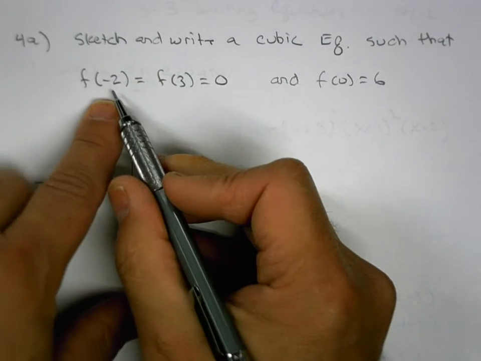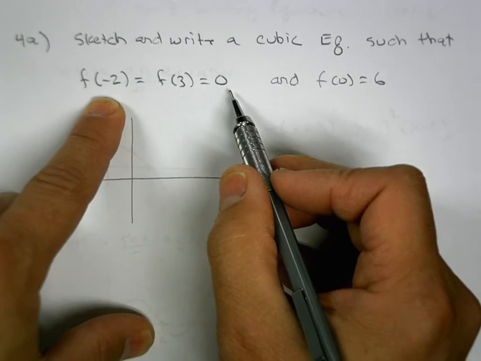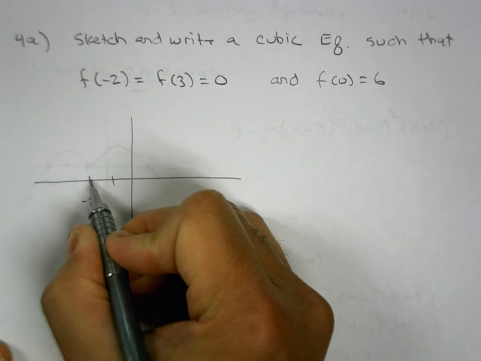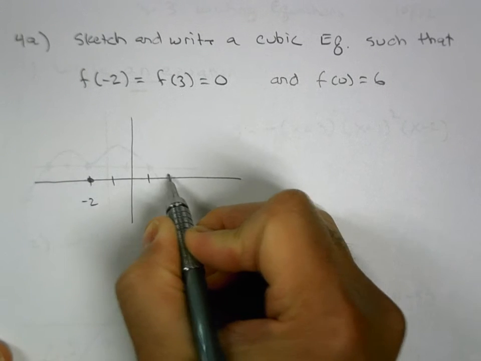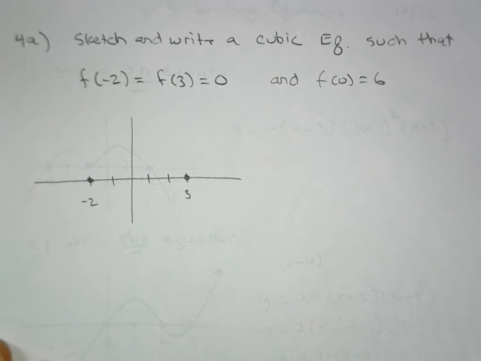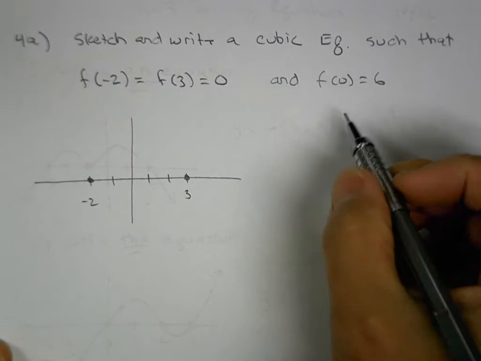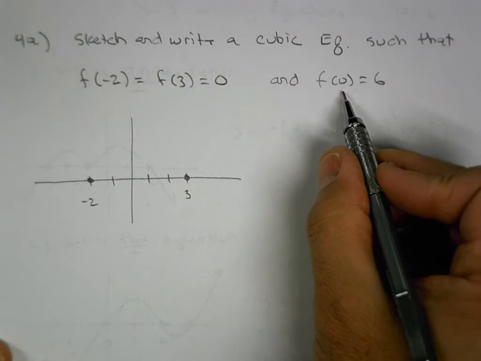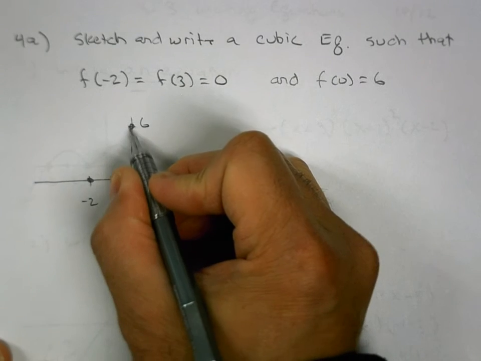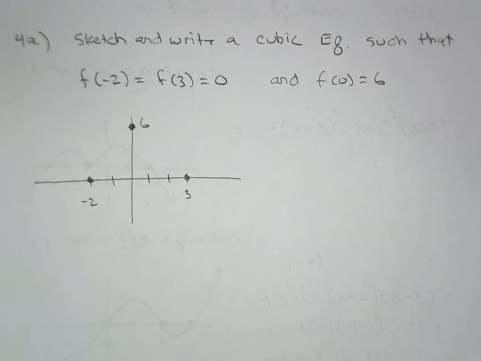And f of negative 2 is also 0. Okay, so let's plot that. So negative 2, that's 0. 3, that's 0. And then this is at 0, comma 6. So that's the y-intercept right up there.